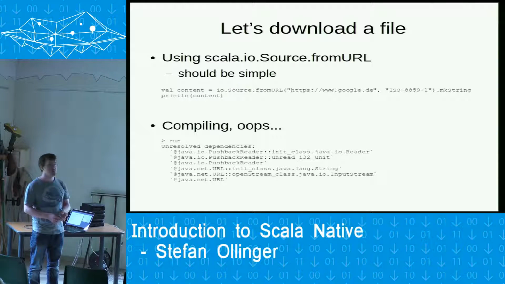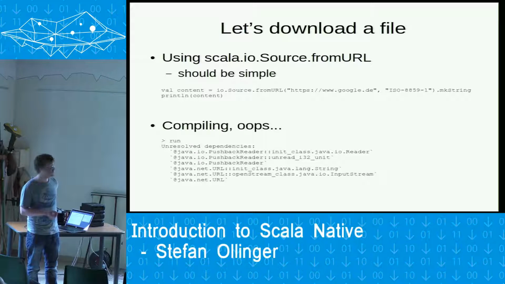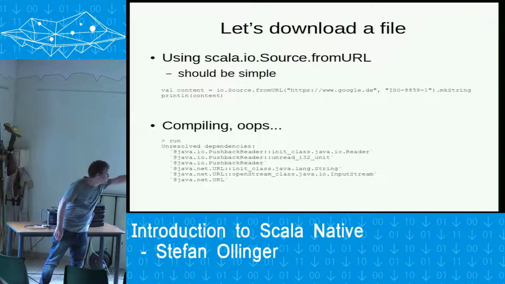Since it should transparently compile Scala, you should also be able to use the standard library. This partially works. For example, in this example, I want to download a URL using the IO source class. When I compile it and run it, it fails since a few types are missing here.